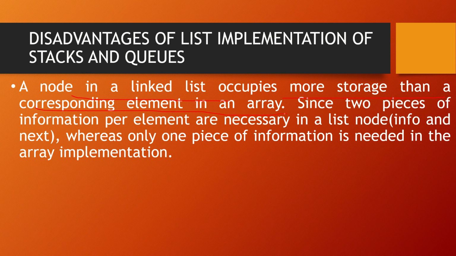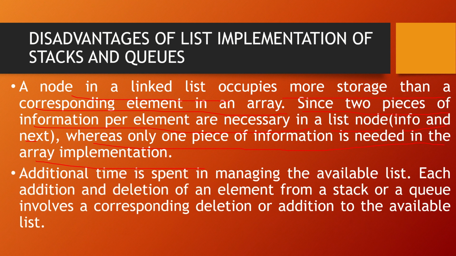The space requirement in an array is less as compared to a linked list node. A linked list node needs two parts, an info part and a next part, whereas in an array there is no next part. Since two pieces of information per element are necessary in a list node, info and next, whereas only one piece of information is needed in the array implementation. So here double the space is needed as compared to array implementation.